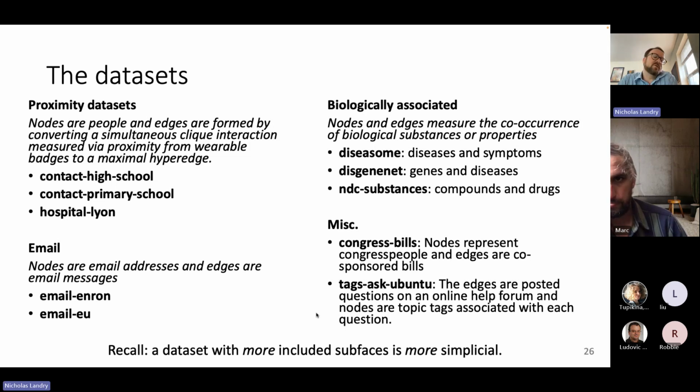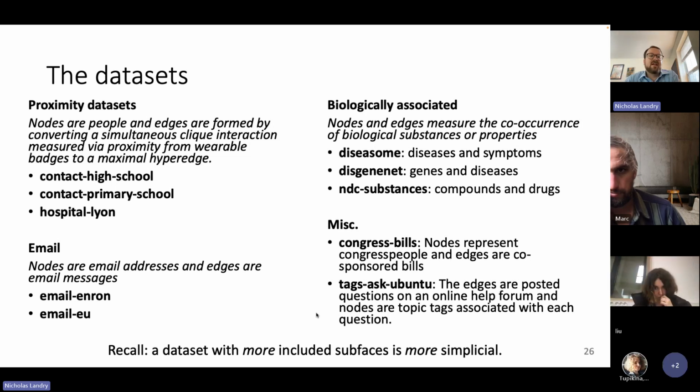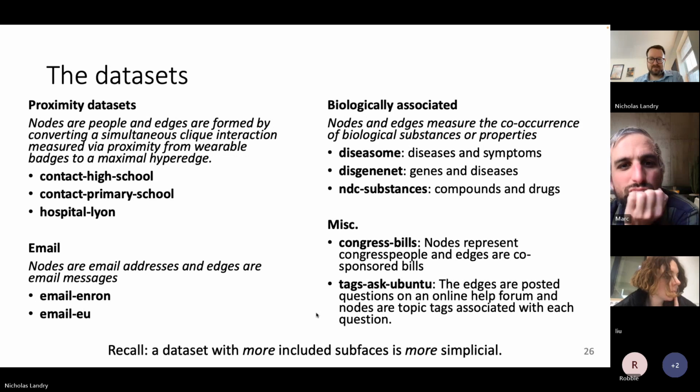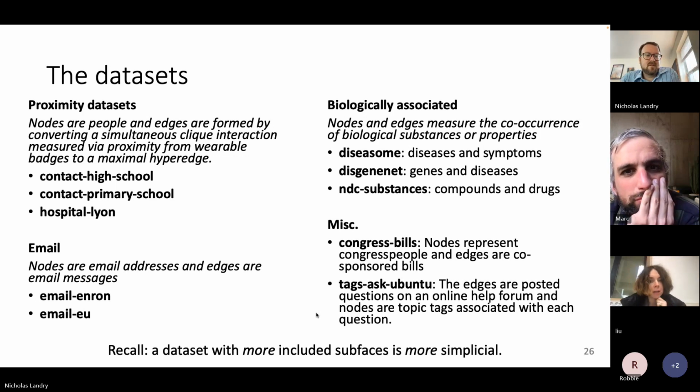So what I want you to do is recall that a data set with more of their included subfaces is more simplicial. And so I want to ask you, what do you think of these categories? What do you think is the most simplicial? You mean from all the possible combinations?